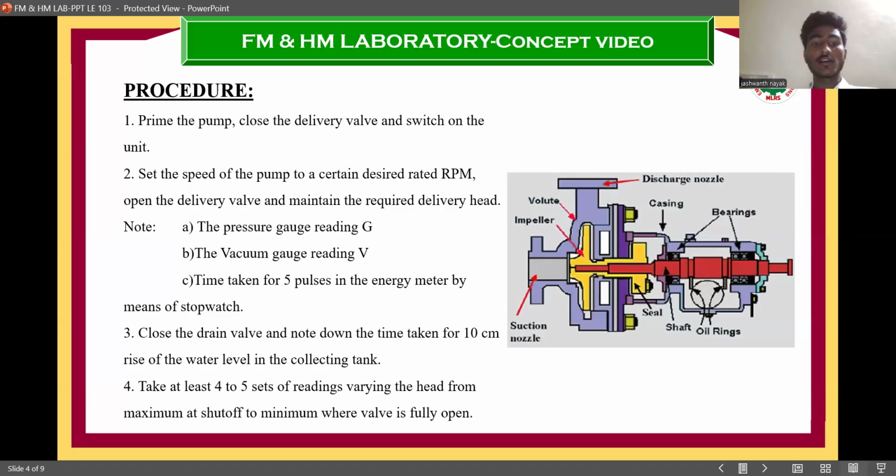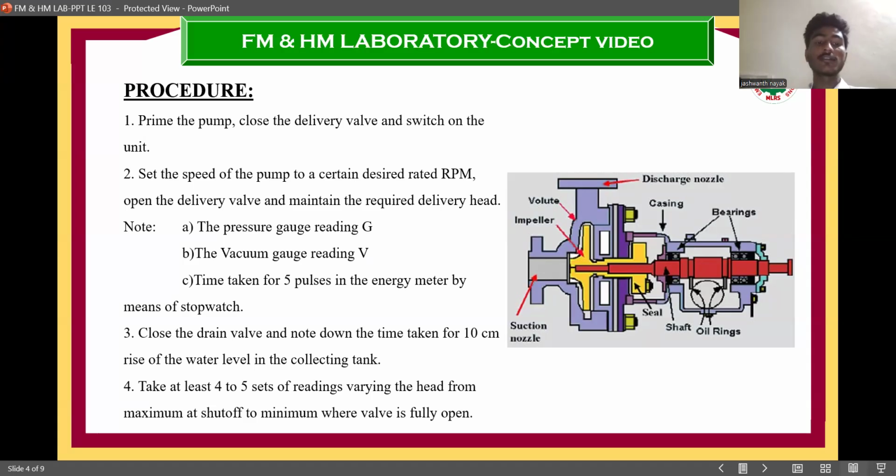Next, step 3. Close the drain valve and note down the time taken for a 10 centimeter rise of water in the collecting tank.